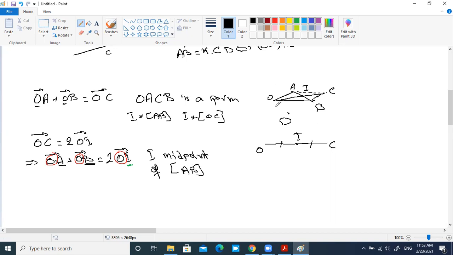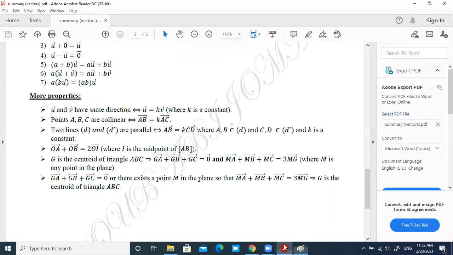OA plus OB is equal to 2OI, where I is the midpoint of segment AB. Okay? Is that clear?